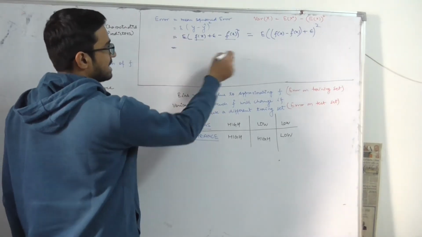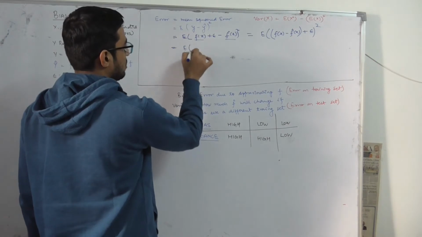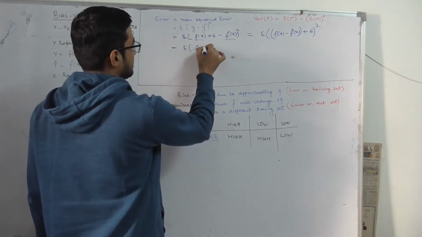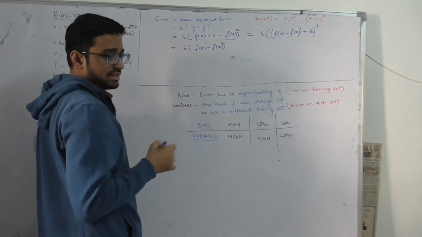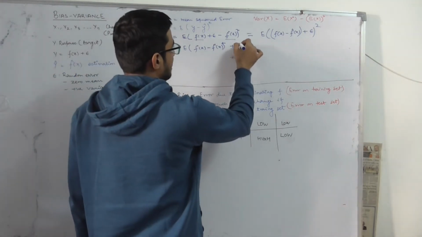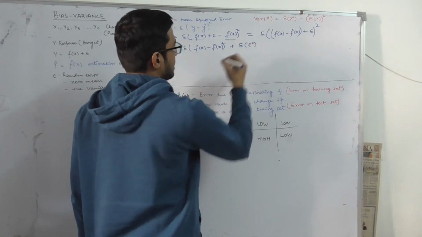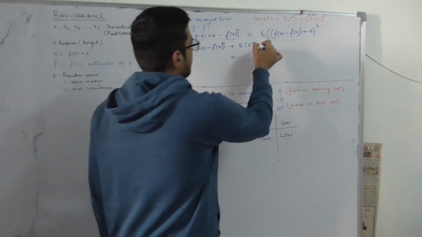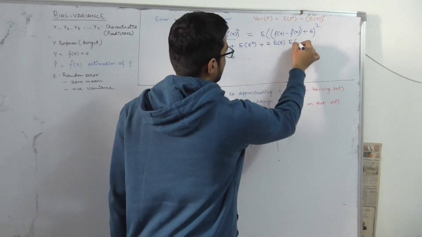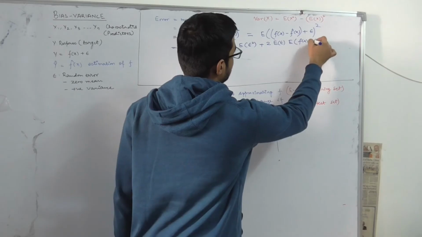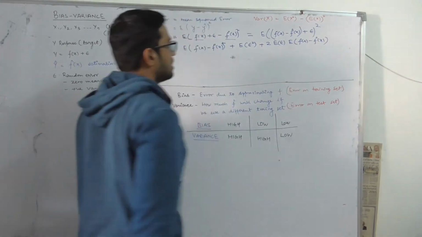So that comes to the expected value of (f(x) minus f cap of x) whole square, that is the a square term, plus the expected value of epsilon square, that is the b square term, plus 2 times the expected value of epsilon into the expected value of (f of x minus f cap of x).